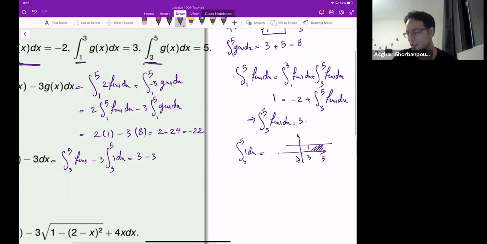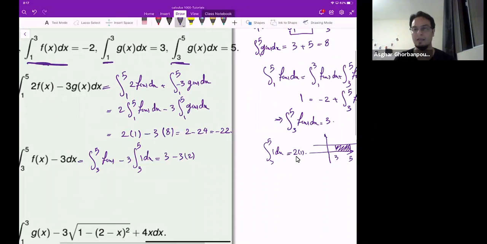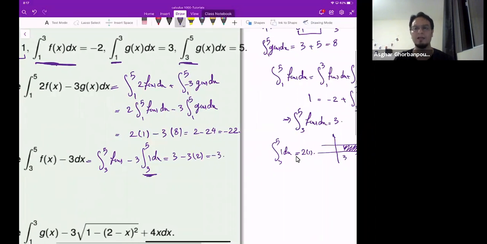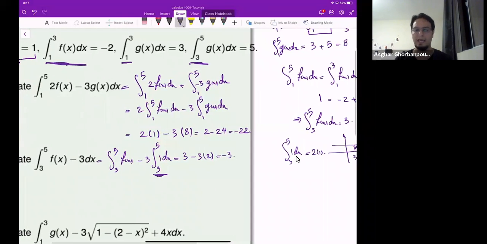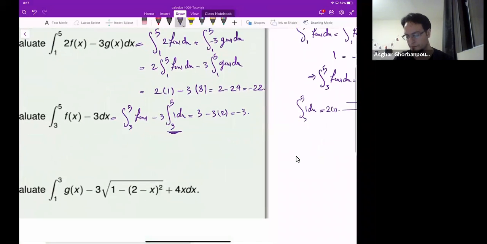The region under the graph is a rectangle, and it has length 2, height 1. So that is 3 minus 3 times 2, which will give me negative. Later on, you can do the fundamental theorem of calculus and evaluate that without doing any area. But now I'm trying to use what I have here.